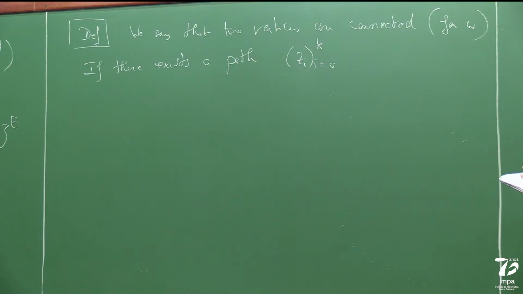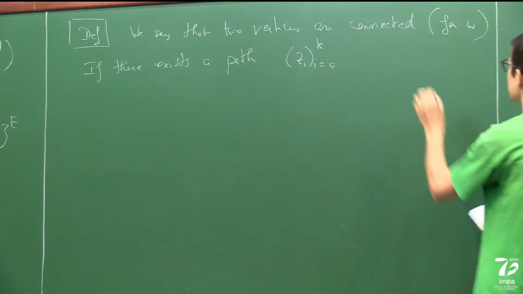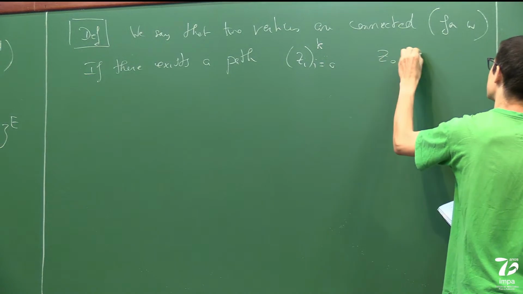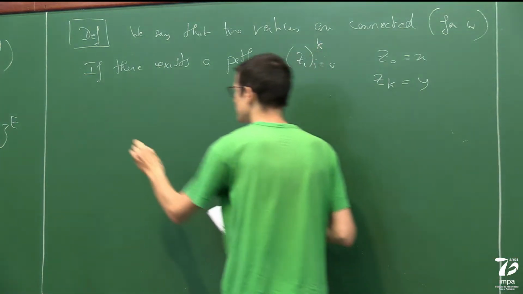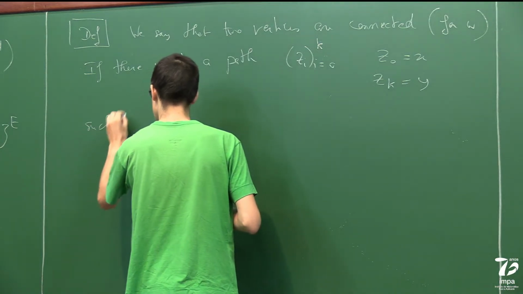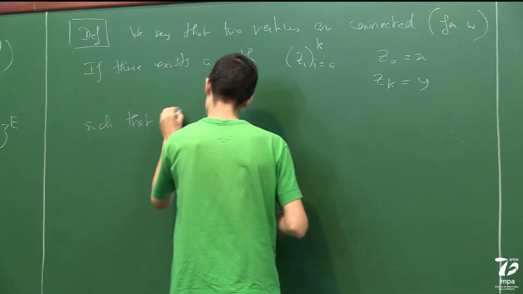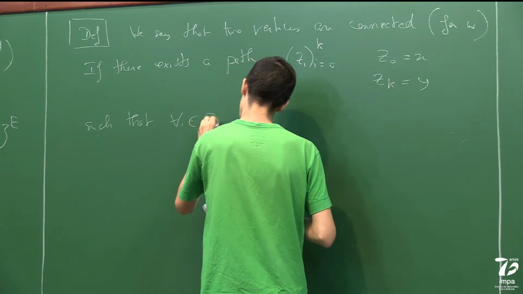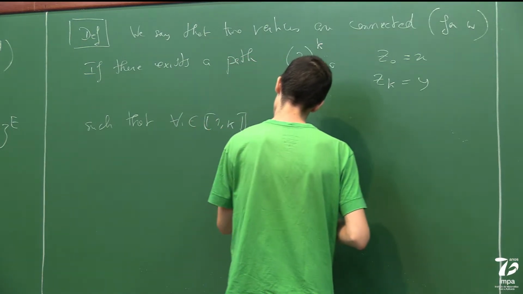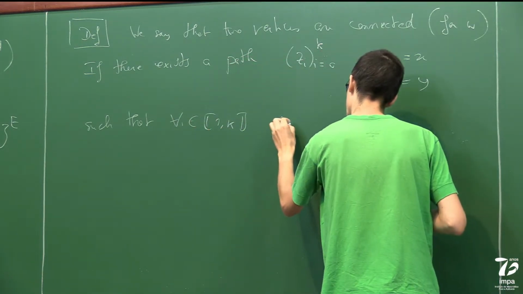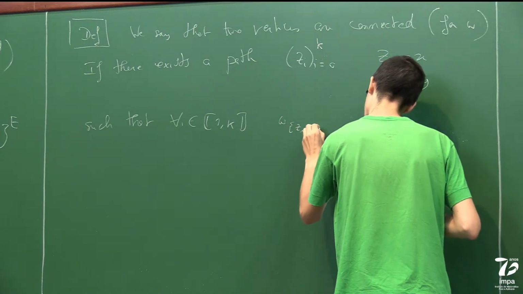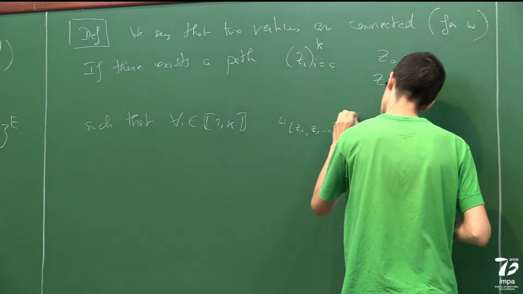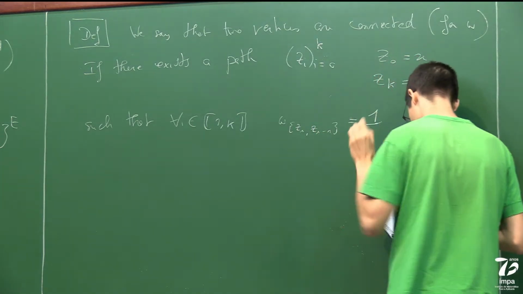Okay, so if there exists a path of finite length, starting from x, ending at y, such that for all i in 1 to k, omega(z_{i-1}, z_i) is equal to 1.